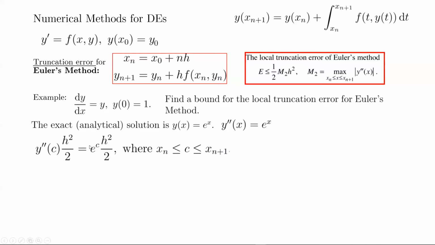But if we want to find the maximum possible local truncation error, the exponential function is monotonically increasing. So if C is larger, then this exponential is larger.